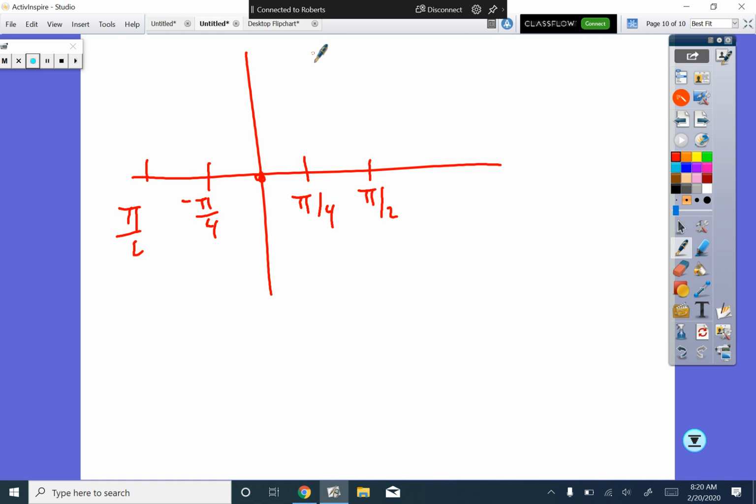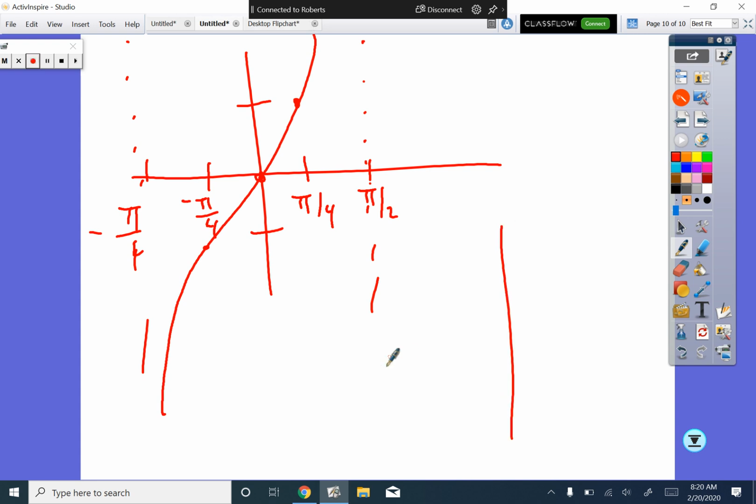Here's its tangent graph. Right? Is everybody there with me? That one's up at 1. So here's what its inverse tangent looks like.